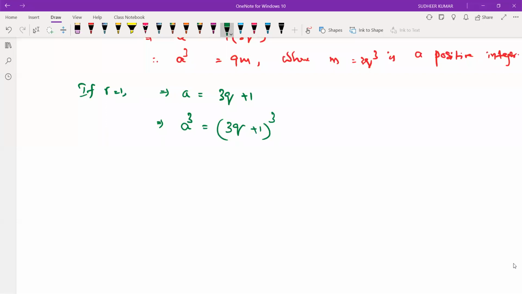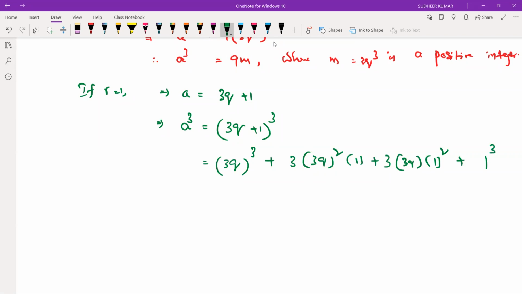Use the a plus b whole cube identity: a cube plus 3a square b plus 3ab square plus b cube, where a is 3q and b is 1.